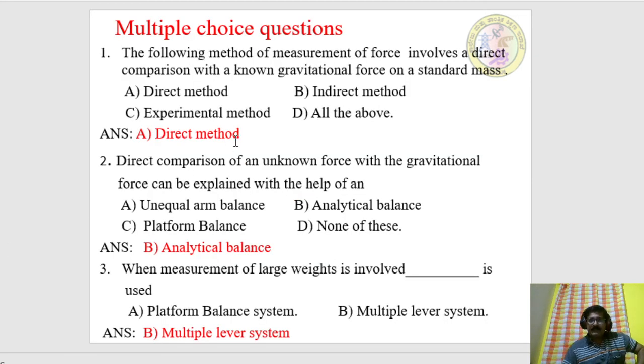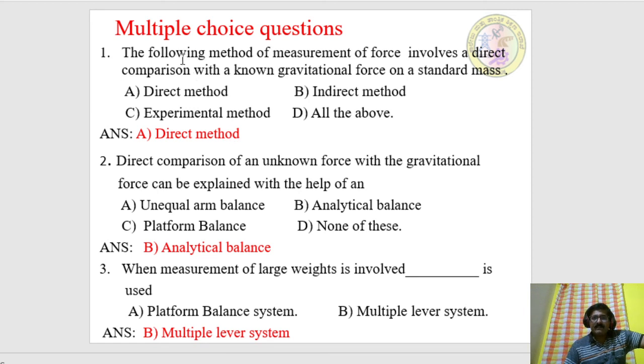Now we will see certain multiple choice questions for the session. The following method of measurement of force involves a direct comparison with a known gravitational force on a standard mass. The options are direct method, indirect method, experimental method, all the above.